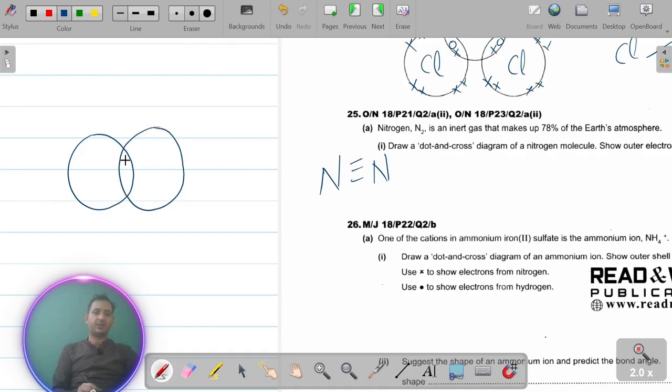Triple bonding means 1, 2, 3, 4, 5 and 6 electrons alternating. And these 2 electrons of this nitrogen and these 2 electrons of this nitrogen are the lone pairs of electrons. So it is the answer.